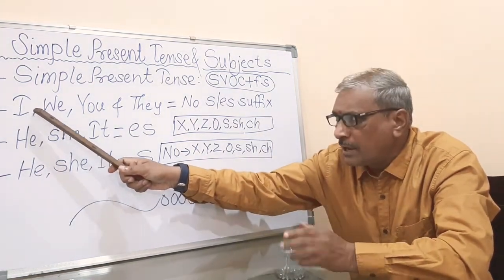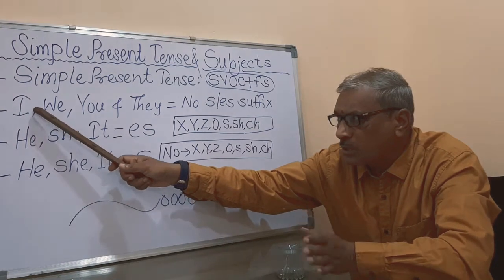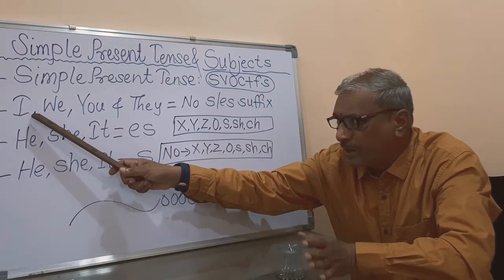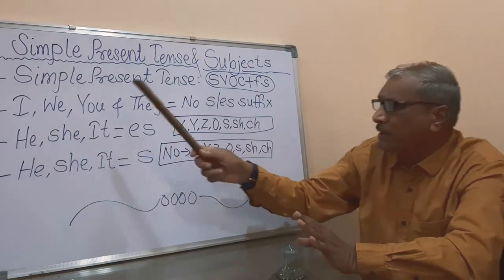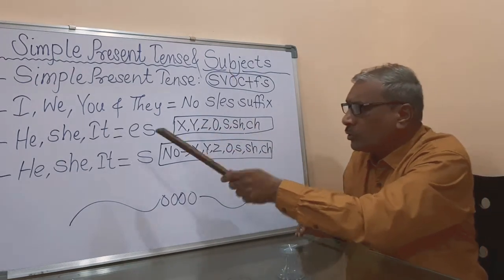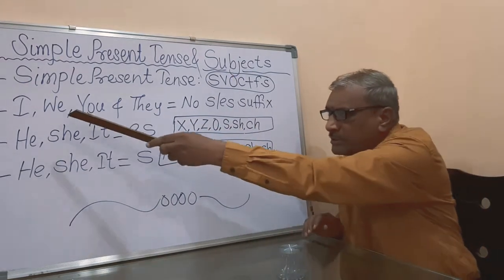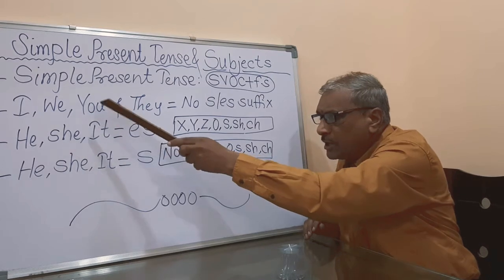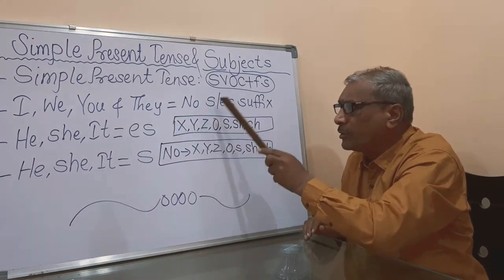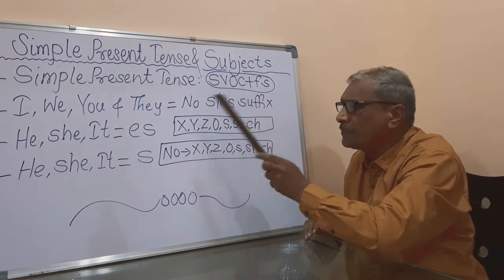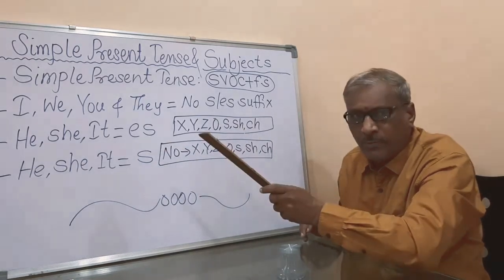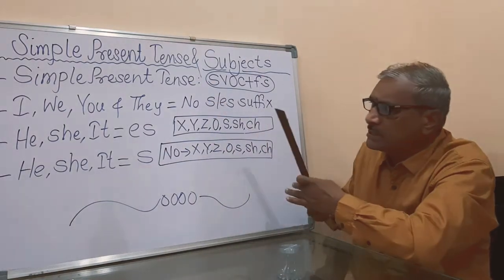Play is the verb, and I did not use the s or es suffix with it, and that's why the rule shows that if the subjects are I, we, you and they, we do not use the s or es suffix with the verb in the simple present tense.